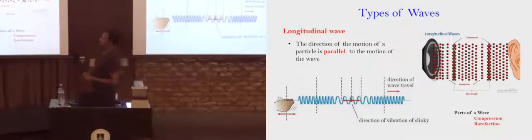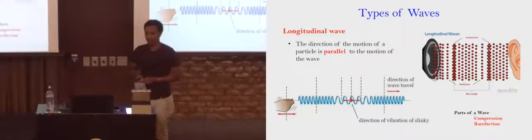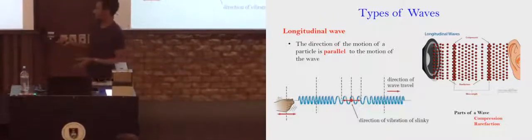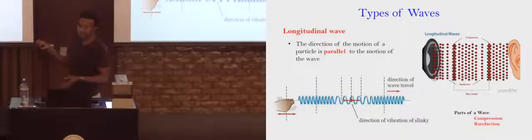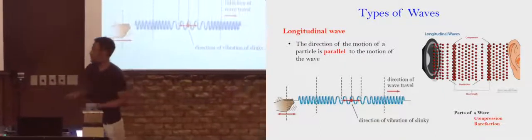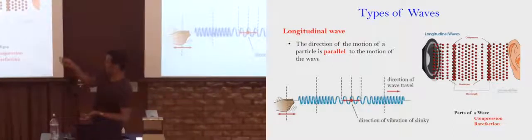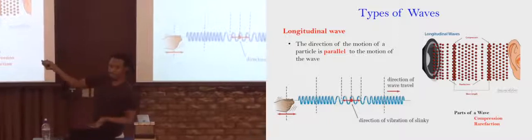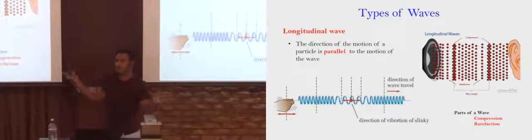The other kind of waves are longitudinal waves. The best example of a longitudinal wave is sound. The direction of motion of the medium is the same as the direction of the motion of the wave. So, as an example, you can take the medium as, for example, the air.